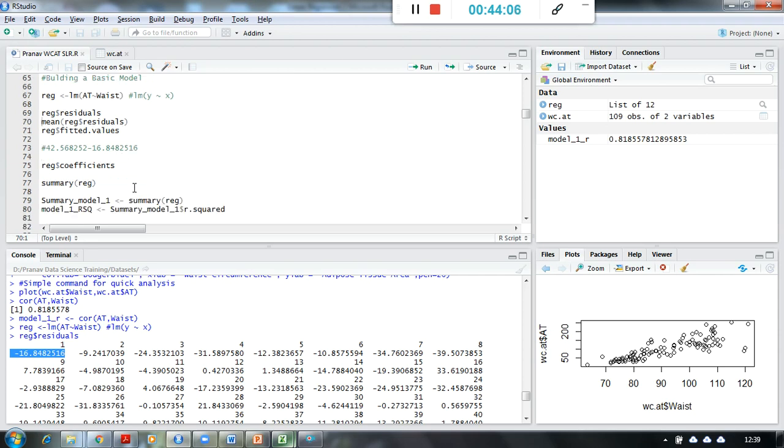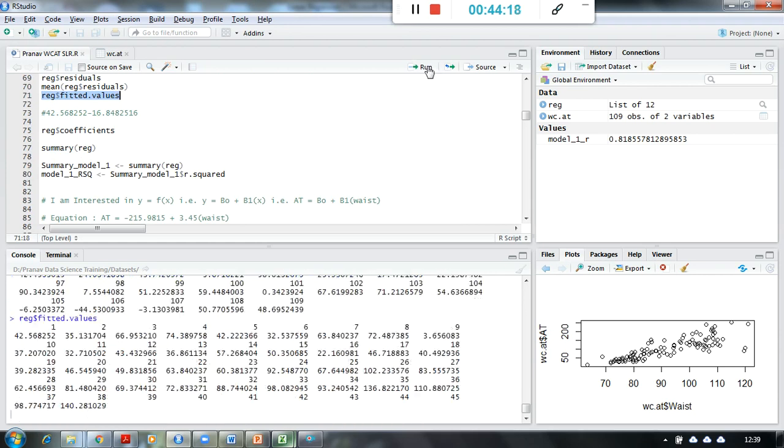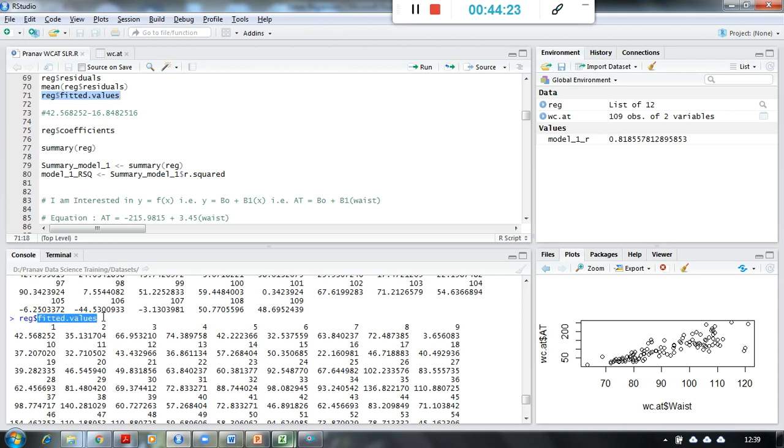So if I check the fitted values of this model, REG dollar fitted values, what is the first fitted value I have got? Fitted value is nothing but my predicted value. Well, strictly, fitted value is not the predicted value. Predicted value will actually be for your new data. But for existing data, existing y, what my model has given me is the fitted value.